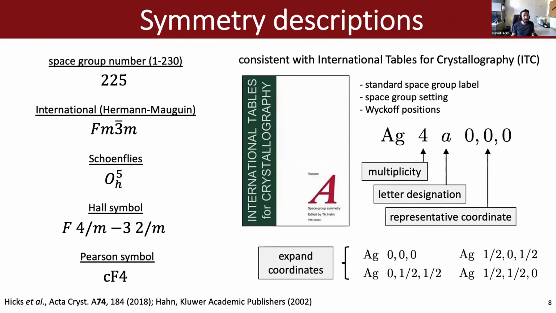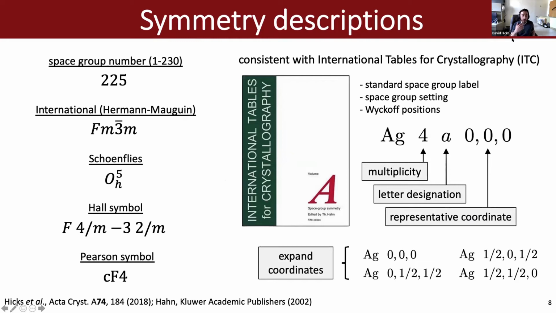We can also calculate common symmetry descriptors. As I mentioned, the space group, the Hermann-Mauguin symbols, the Hall symbol, the Pearson symbol. And we are also consistent with the International Tables for Crystallography, which is essentially the de facto standard for symmetry in the community. We can actually represent crystals in this form, and in particular, the Wyckoff positions.